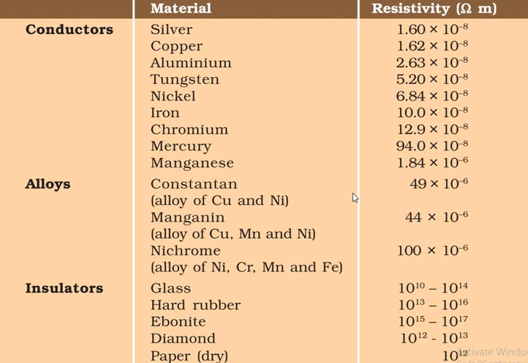Alloys or resistors have their resistivity between 10 to the power minus 5 to 1 order, and insulators have very high resistivity, of order more than 1 up to 10 to the power 14, 16 or even 10 to the power 17. You can see here silver has the minimum resistivity, so silver is the best conductor. Similarly, you can decide whether a material is a conductor, resistor or insulator using this table.